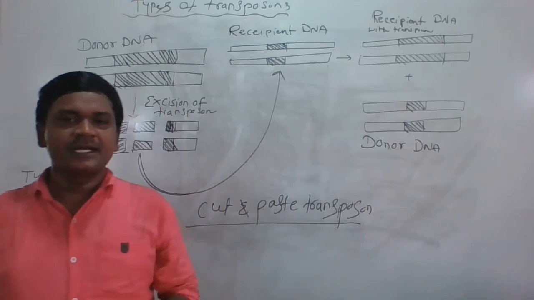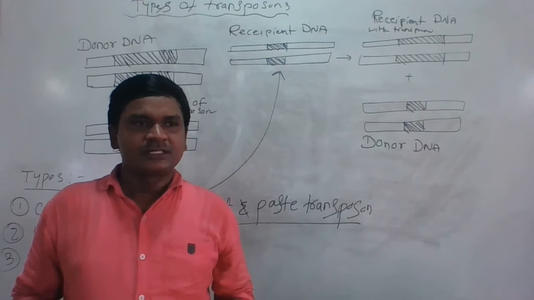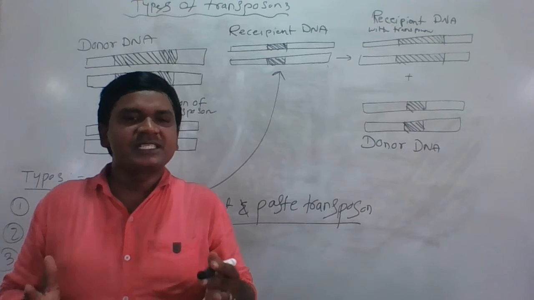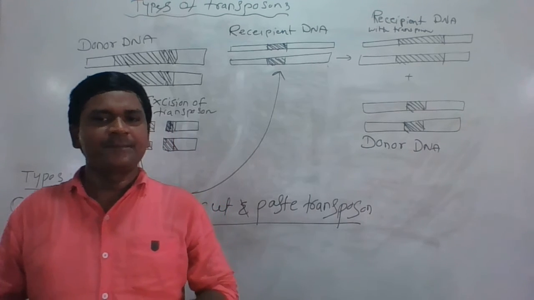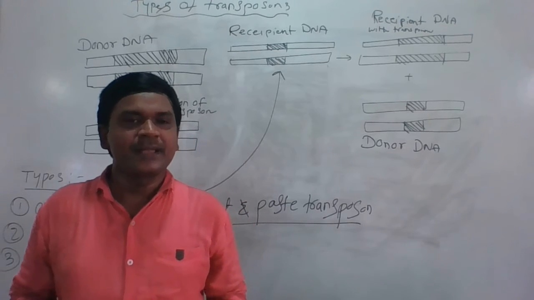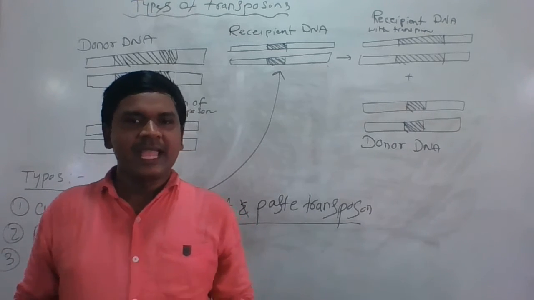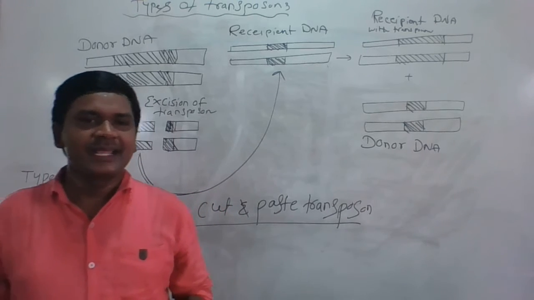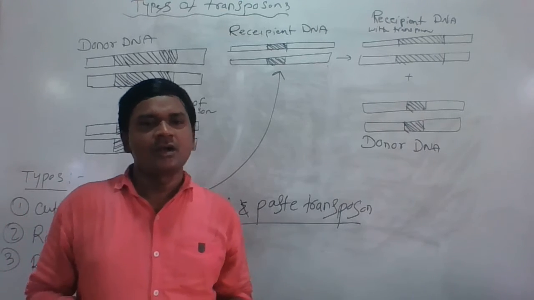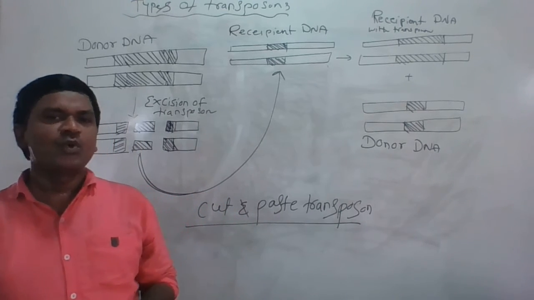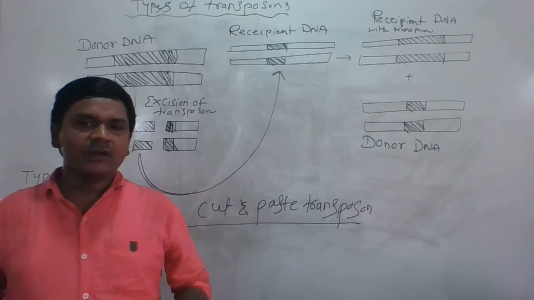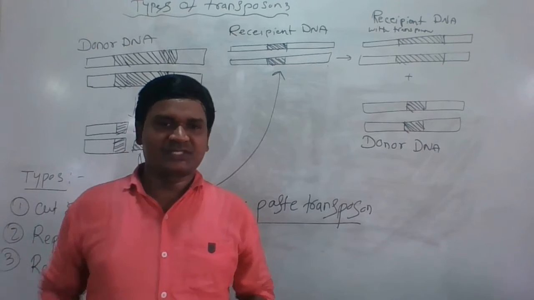Transposons were first discovered by the scientist Barbara McClintock in maize plants in the year 1940. These transposons are also called moving elements, jumping elements or controlling elements, right?